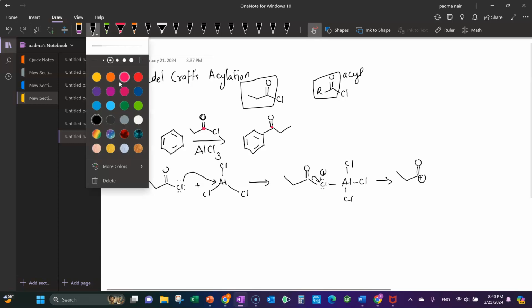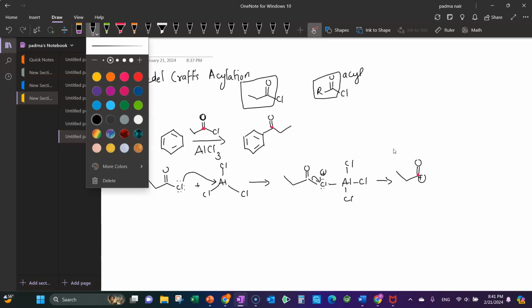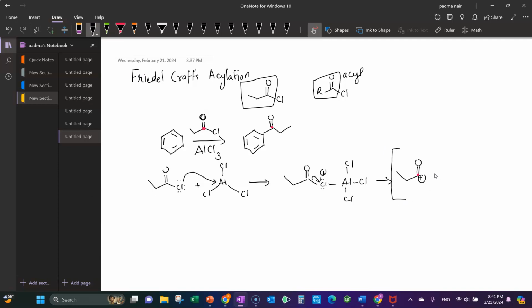So I can again put the color back over there. Here, this is the carbon that has got the positive charge. So I have the electrophile here. Another feature of this electrophile is that it can undergo resonance. So it's stabilized by resonance in this manner.